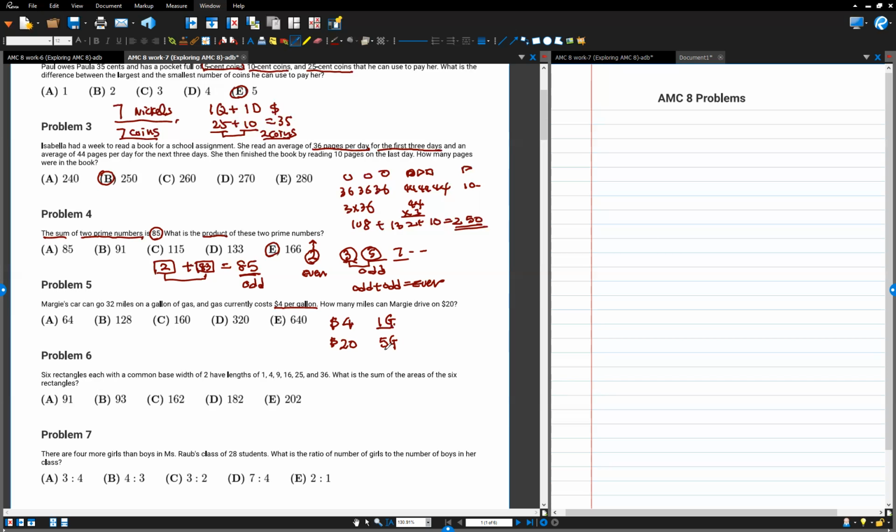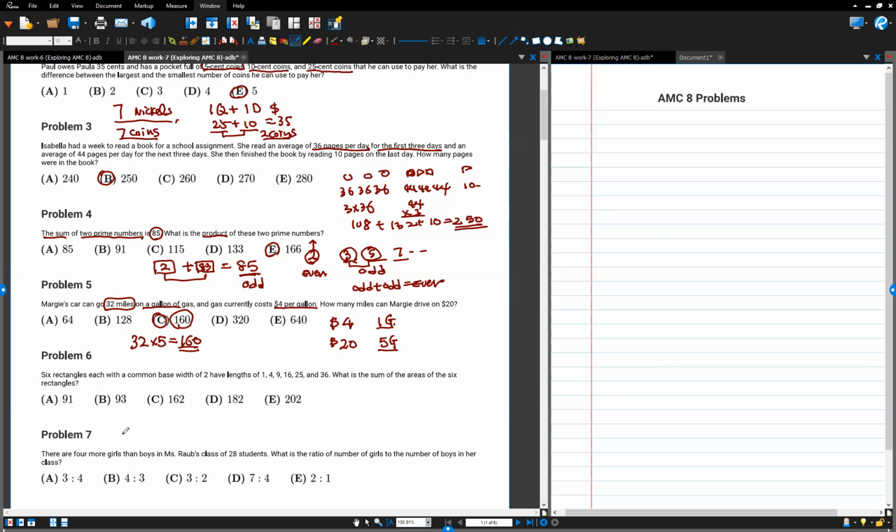That's why 1 gallon times 5 is 5 gallons. But 1 gallon travels 32 miles. We have 5 gallons there. 32 times 5 gallons, 160 miles they can drive. Okay, choice C is correct.